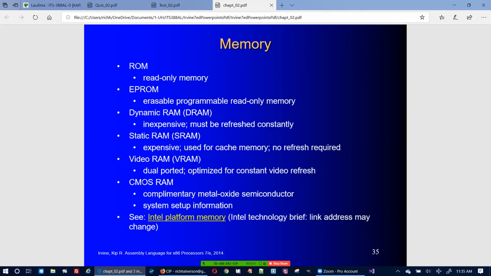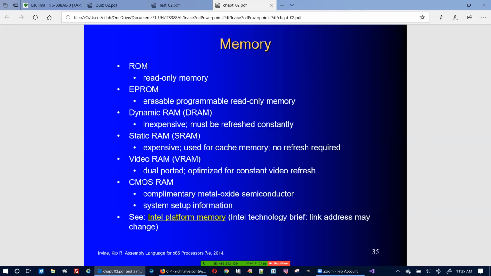So if you're just storing data and you aren't reading or writing it, or you're only reading it, or you store it in there and you don't need it for a while, that's why CMOS is low power, because it only consumes power when you're switching from a 1 to a 0, or from a 0 to a 1.